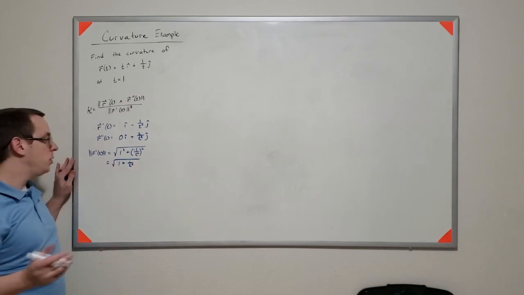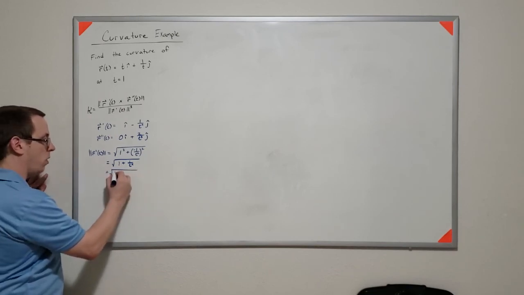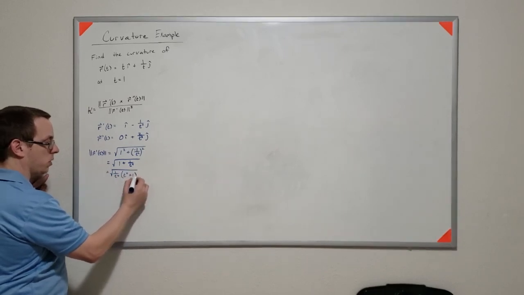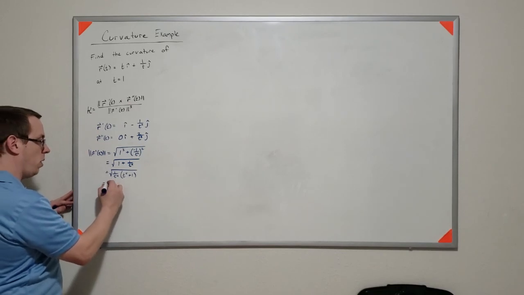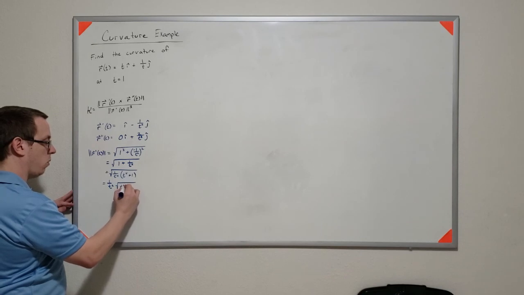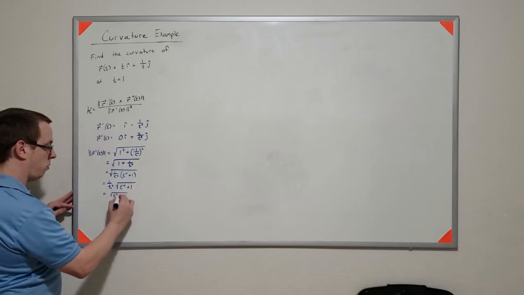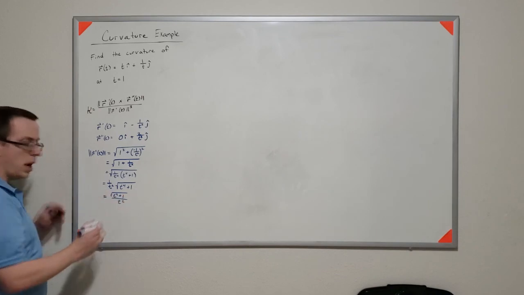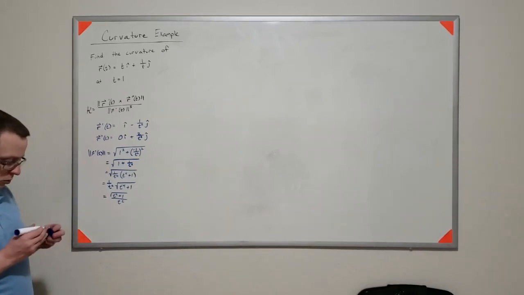Now I'm going to factor out 1 over t to the fourth, so that I can pull that t to the fourth out. That gives 1 over t squared times the square root of t to the fourth plus 1, or the square root of t to the fourth plus 1, over t squared. And the reason I'm going to do that is it's going to make our lives a little easier as we move along in this problem.